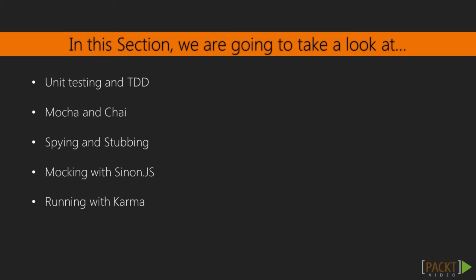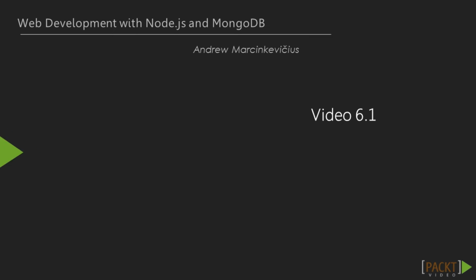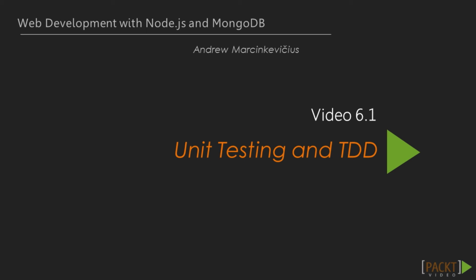Then we will learn what Sinon.js is, what a mock is, and how to test our applications. Last but not least, we will learn what Karma is, how to configure it, and how to test our applications in the browser. Now, we move on to the first video of this section that deals with unit testing and TDD.